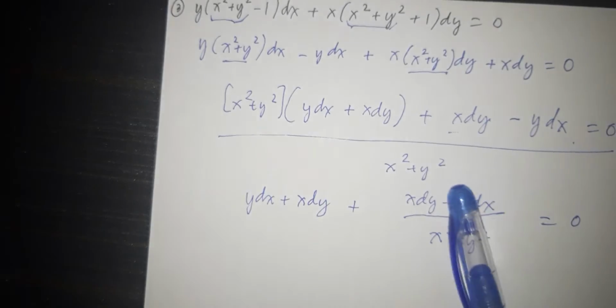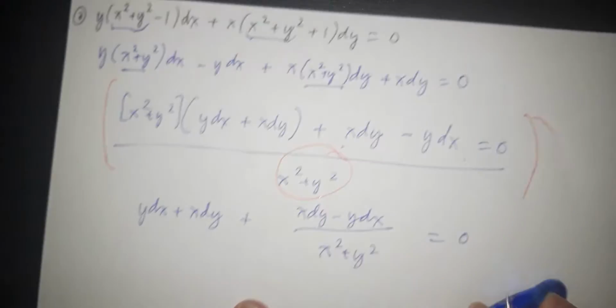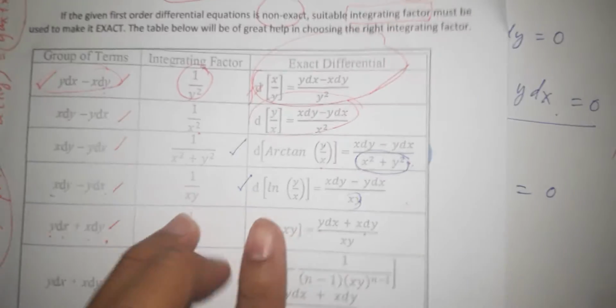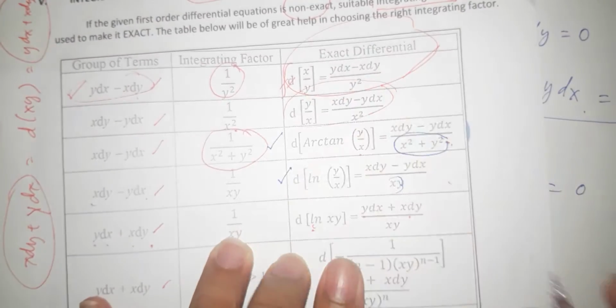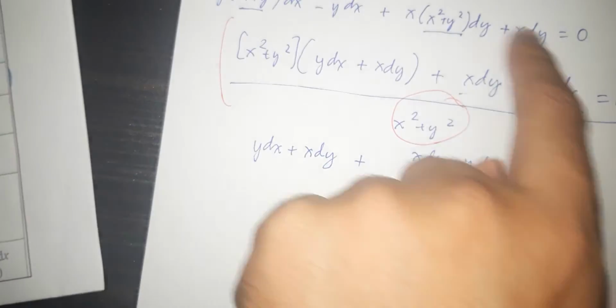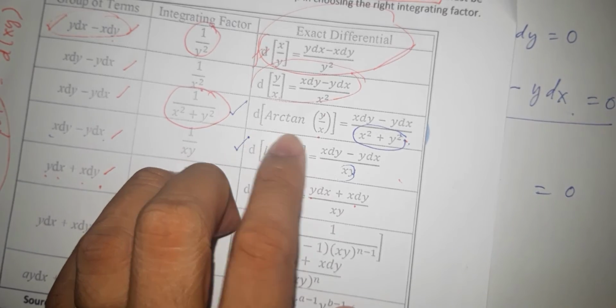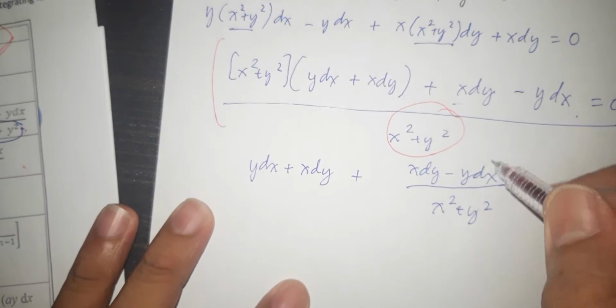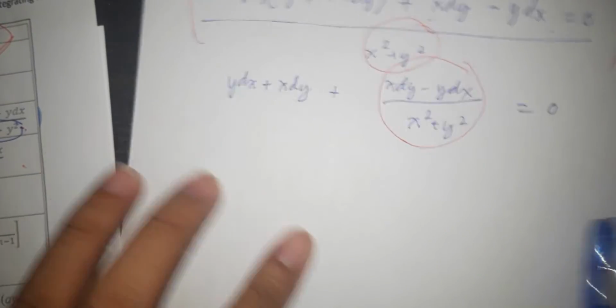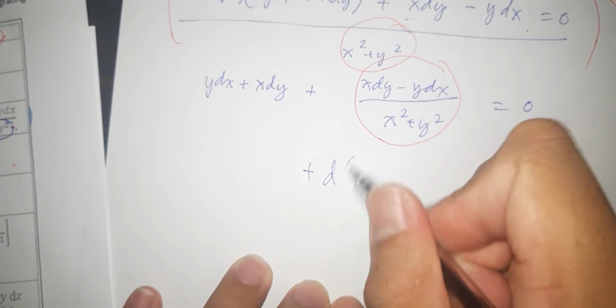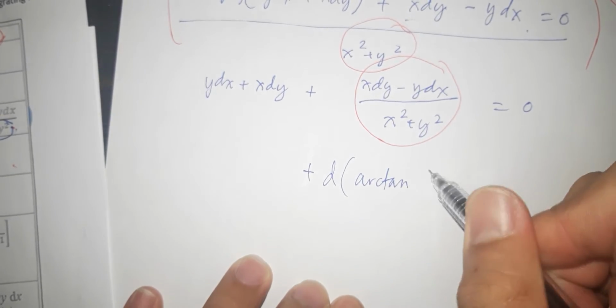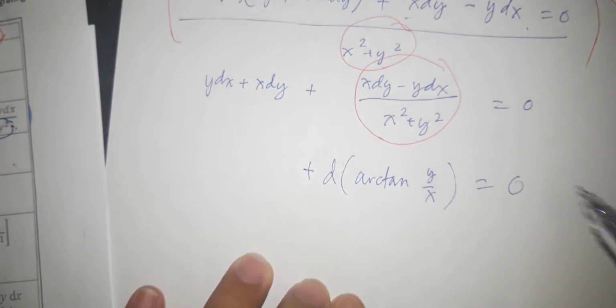So this means that if I multiply it by our integrating factor 1 over x squared plus y squared, it made this term an exact differential, the derivative of arctangent y over x.